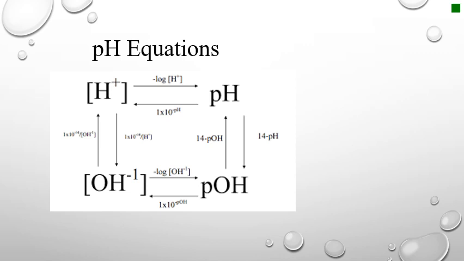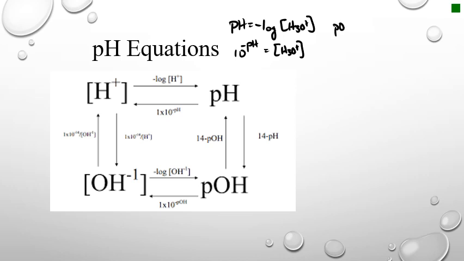So when we talk about our pH equations, we can solve for pH, which would be the negative log of the H3O plus. So again, that's going to be your difference between the pH and the H plus. If we want to go in the reverse, where we're given the pH but we don't have the concentration, we take the inverse of the log, that is 10 to the negative pH equals the H3O plus concentration.